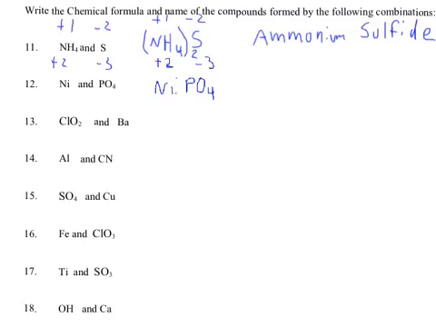So I'm going to need 3 nickels, and I'm going to need to have 2 phosphates. Remember, you swap and simplify. 2 -3's cancels out 3 +2's. Now you just say the name of the 2 ions. Now this happens to be the nickel 2 ion, and then phosphate.